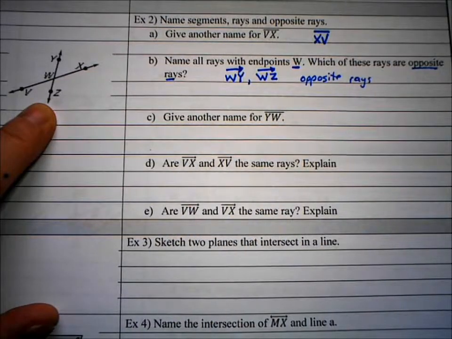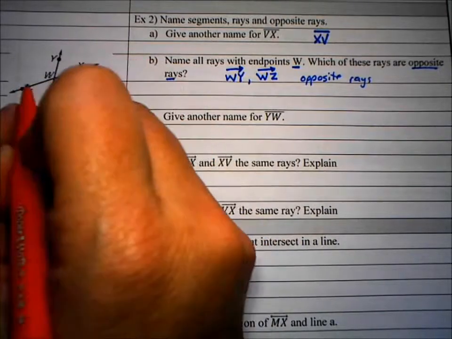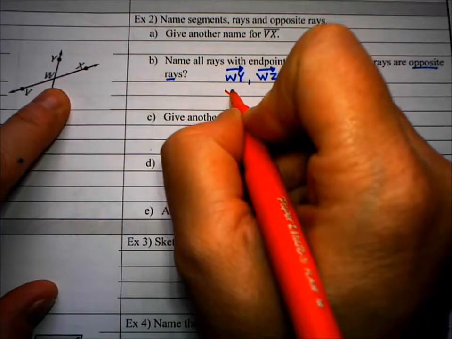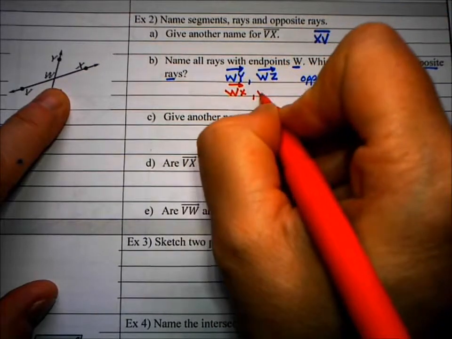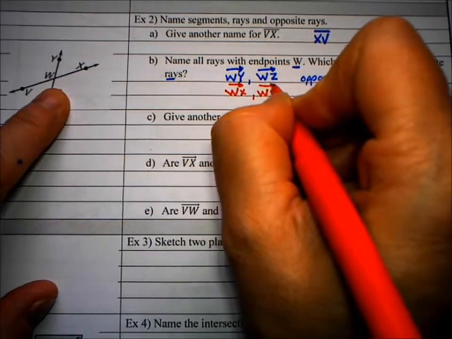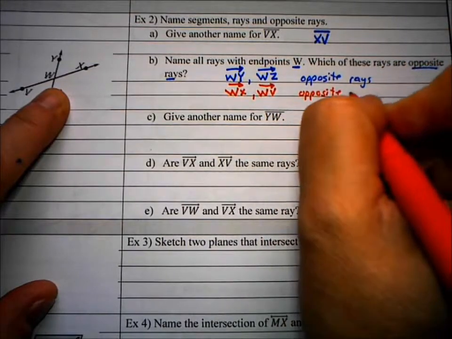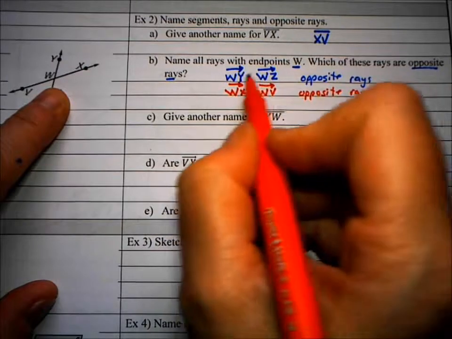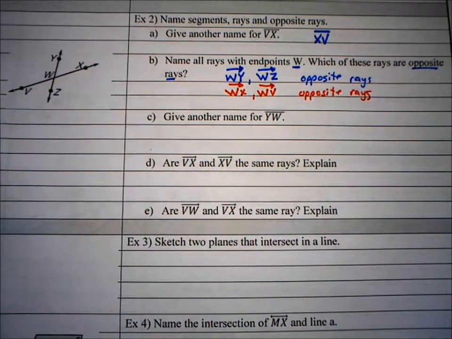And then also I have the other ones going east and west or right and left. That would be WX as well as WV. Notice these are also opposite rays. Notice all of these rays that I wrote all start with the endpoint of W. That's very, very important in naming a ray.